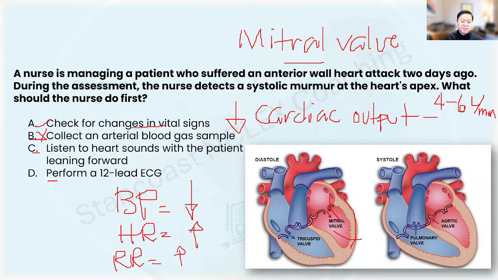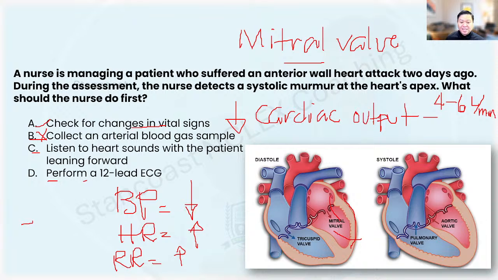It can also give us a better picture if there is ischemia or infarction, but it will not provide us information about the mechanical function of the heart valves, which is very critical in this situation because our patient now has the murmur.